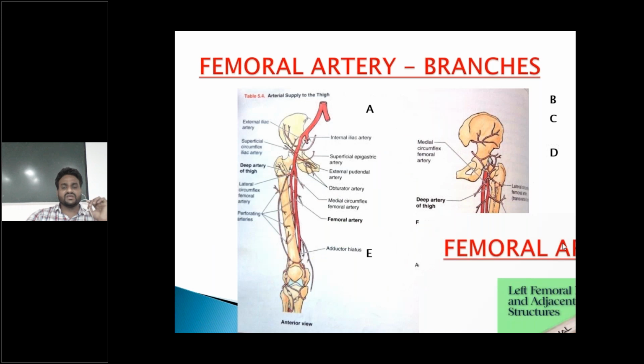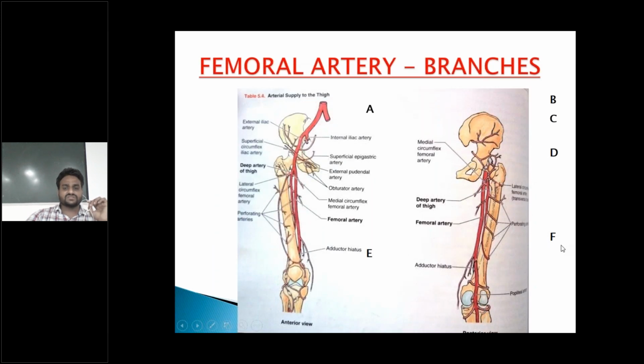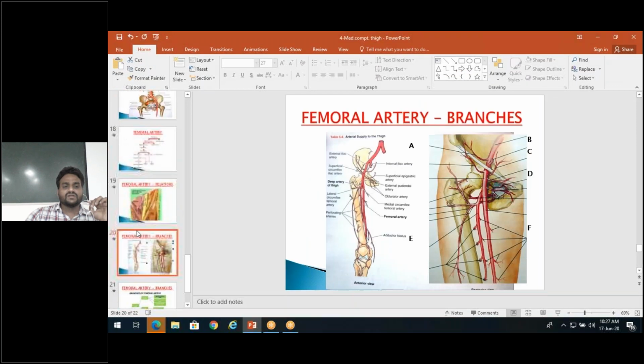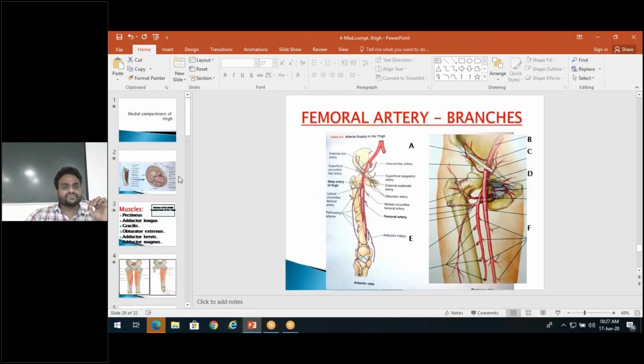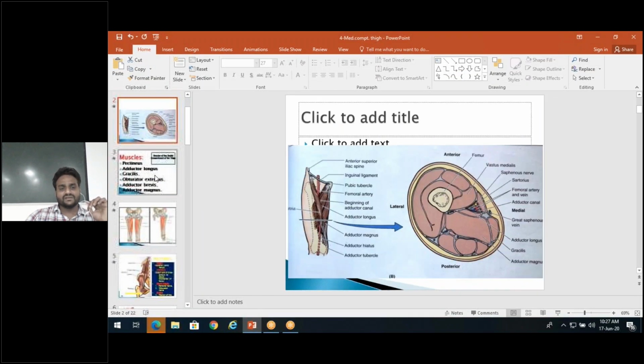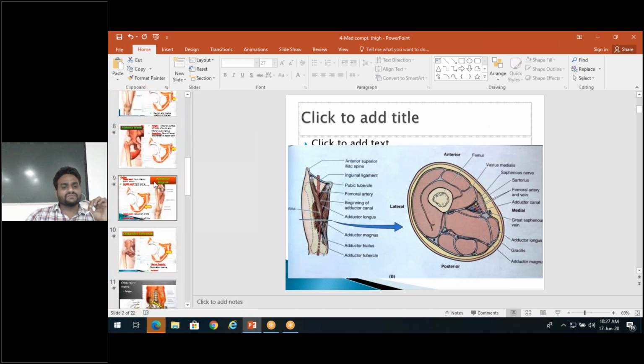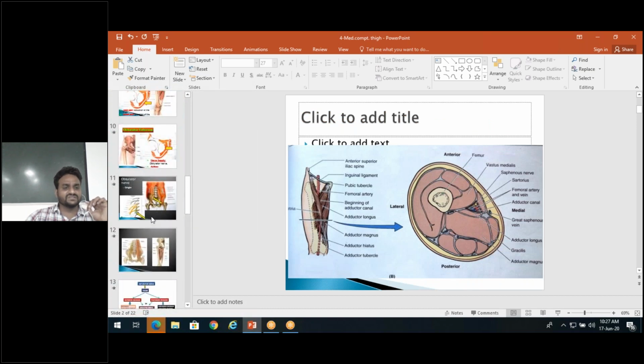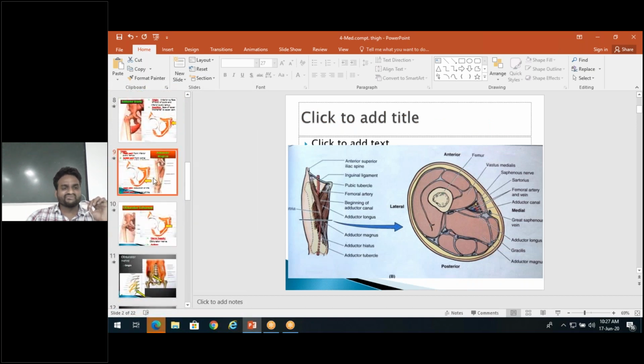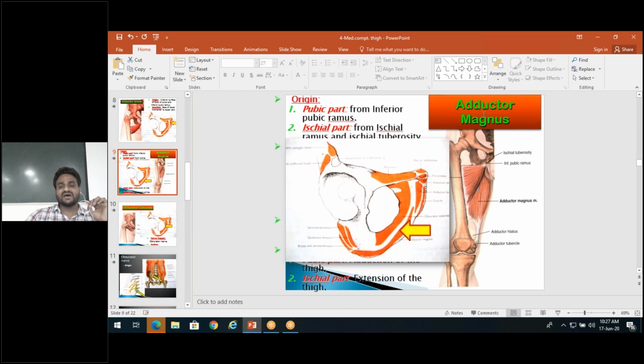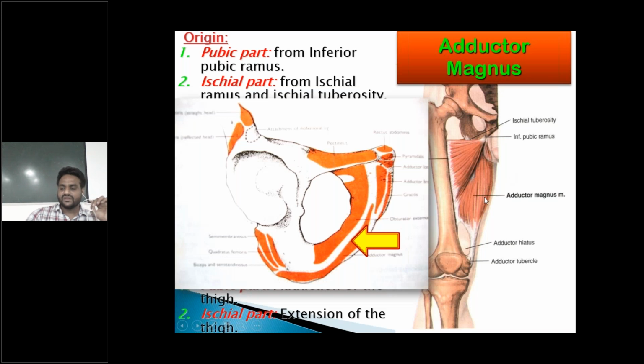So this is about the femoral triangle and also the medial compartment of the thigh. What we have seen today completes the medial compartment of thigh. In the medial compartment, I explained the adductor longus and adductor magnus, an important muscle. What are the 2 parts of adductor magnus?